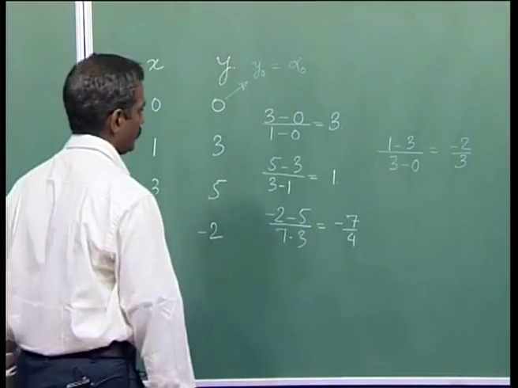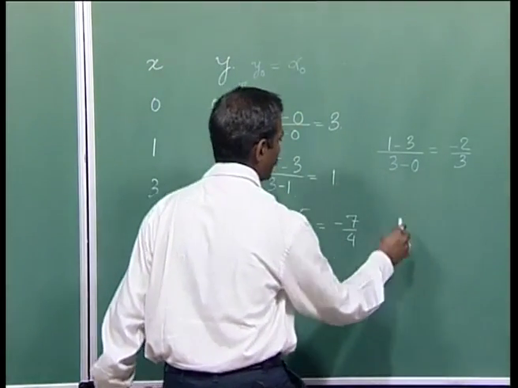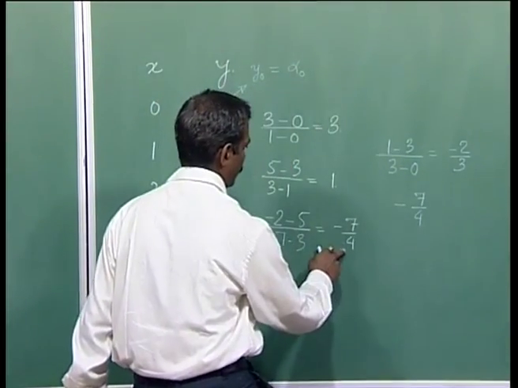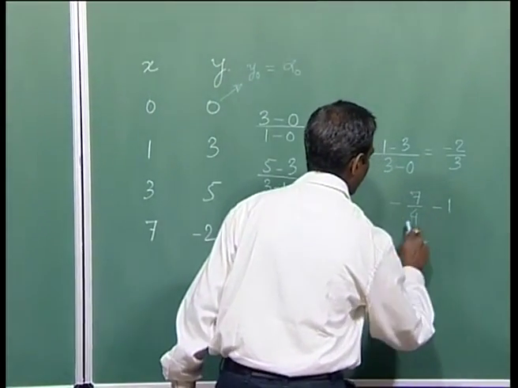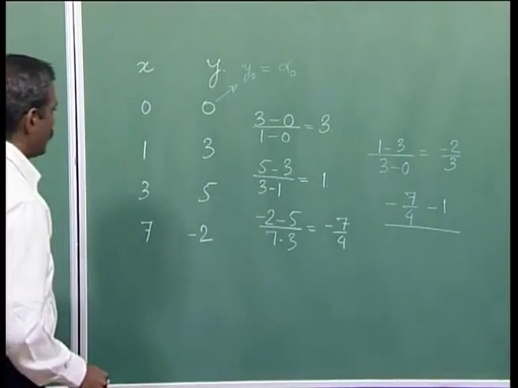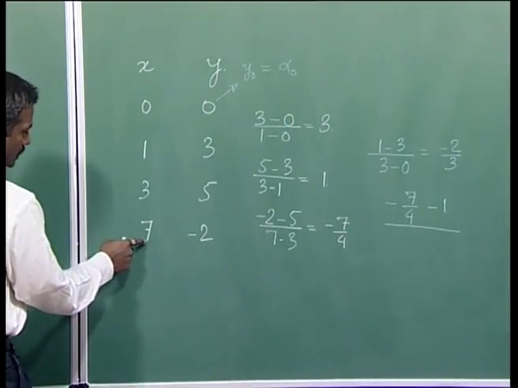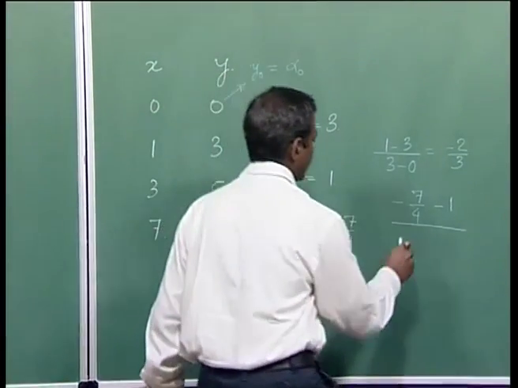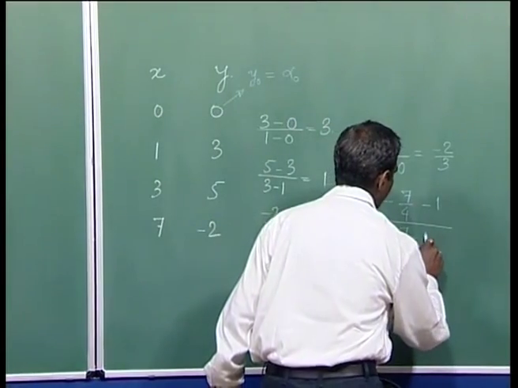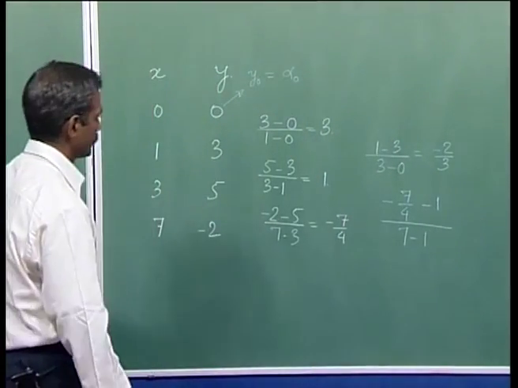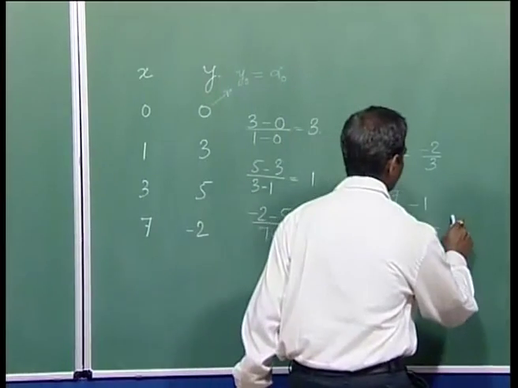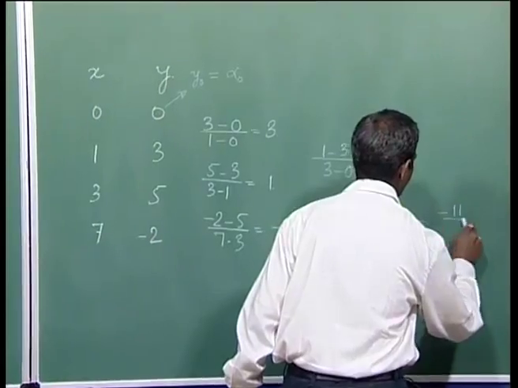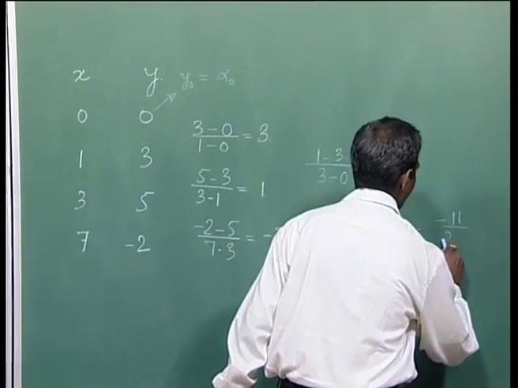Likewise, the divided difference here will be minus 7 over 4 minus 1 over, now I'm going to be considering this interval here, 7 minus 1. This is equal to minus 11 over 24.